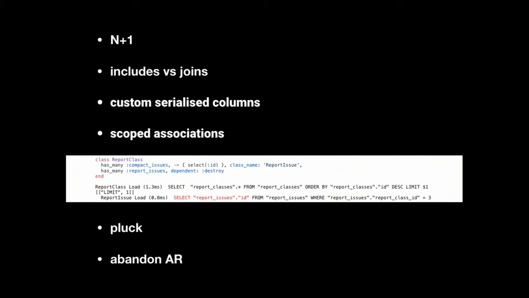And if that array gets super huge, it will be really bad for the memory. Also, when we do includes, we should carefully look at what records we load and if they have any custom serialized columns.